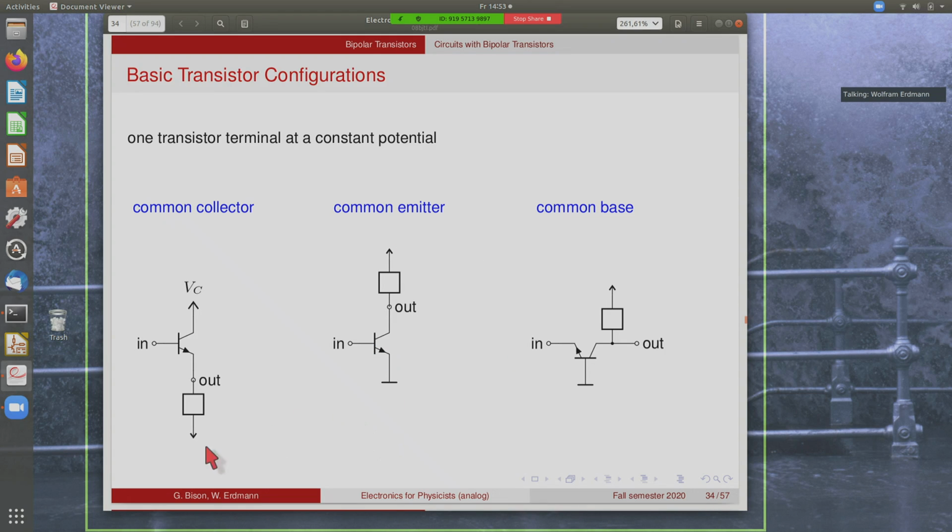According to that, these are called either common collector circuits, common emitter circuits, or common base circuits. This is not very important. There are, in fact, also interesting circuits where more than one terminal is not fixed. But this is the usual nomenclature, and we'll start by looking at this.